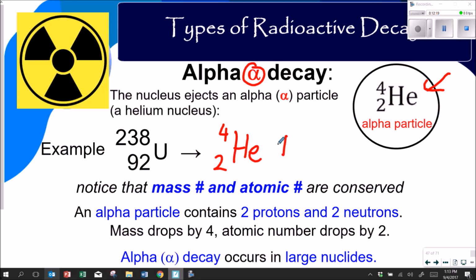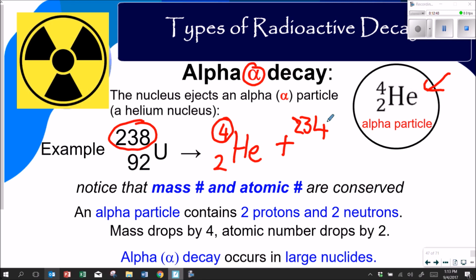In order to do that, we have to know that the mass number and the atomic number are conserved on each side of the arrow. So if we start with uranium-238, the mass of uranium-238 is 238. So if we have a mass of 4 here already, the mass of our new nuclide will have to be 234 to get a total of 238.